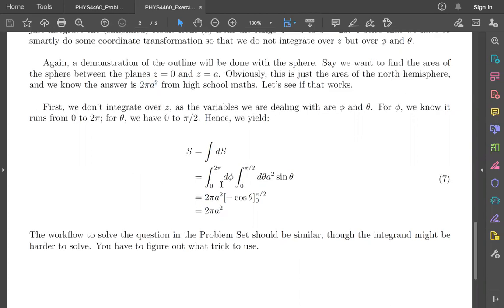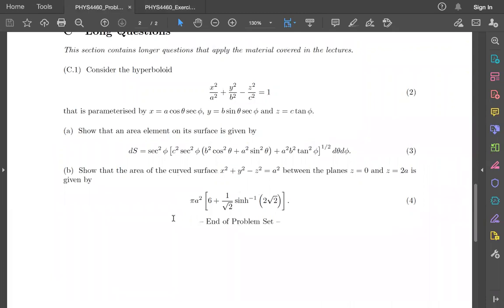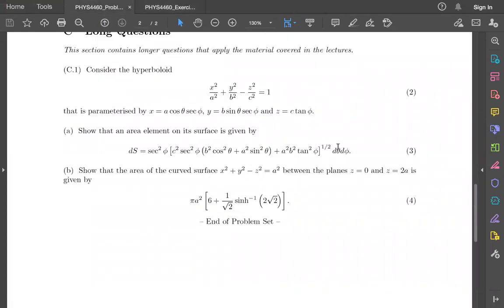Okay, so this is basically the workflow. But I would also like to admit that the real problem here is much more complicated than the sphere, because obviously a tangent and secant are involved. And also from the final answer given by the question, you see that some hyperbolic function is involved.